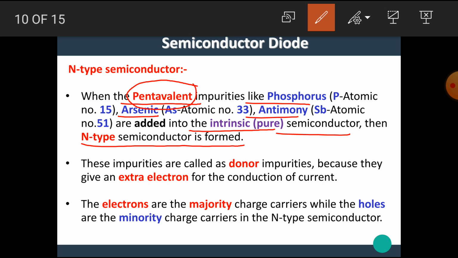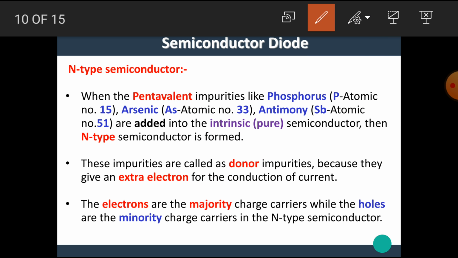Similar to tetravalent material, where the outermost orbit contains 4 valence electrons, the material whose outermost orbit contains 5 valence electrons is called the pentavalent material or pentavalent impurities.